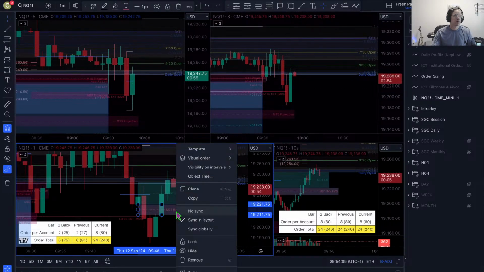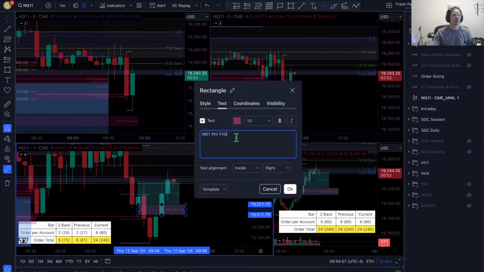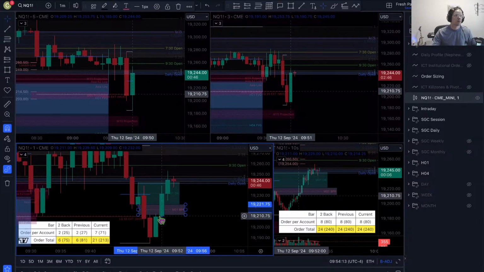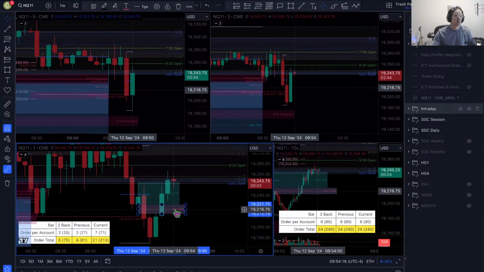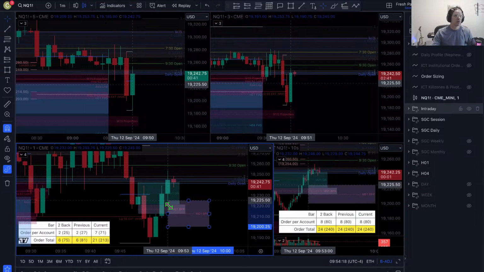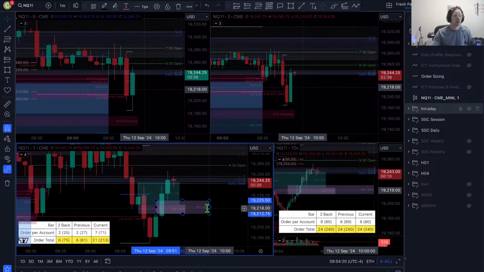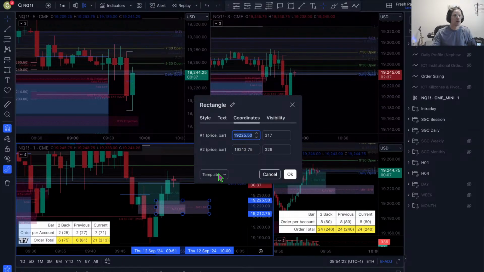And we've got effectively a balanced price range here to trade from. We're in the breaker block.